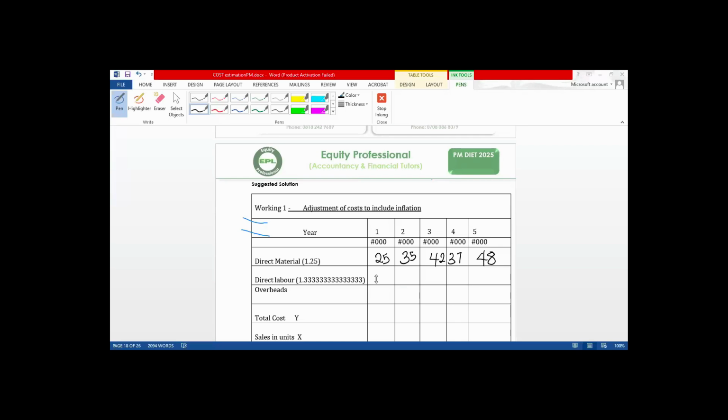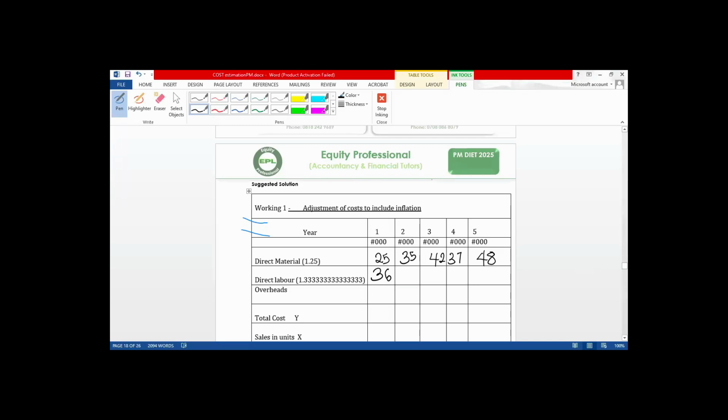Just take your figure and multiply. It's going to give you a round figure, like what I have on my screen. This will give me 36. Do not round up any figure. Just use a calculator to multiply. You are going to get 36 round figure.